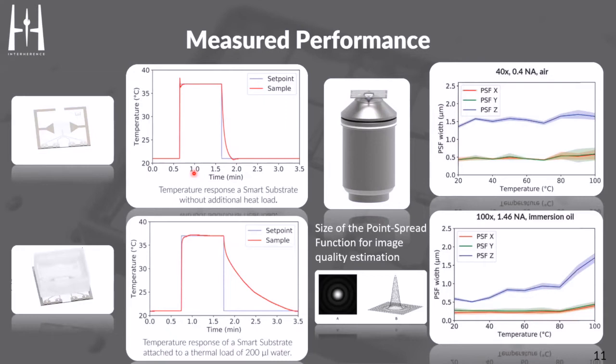To hold liquids on top of our substrates, we have a reservoir made of PDMS, which is quite common in microfluidics. So it's very compatible with cell experiments. Also in this case, we can show that the measured temperature pretty much follows the set point, and we achieve very high heating rates.